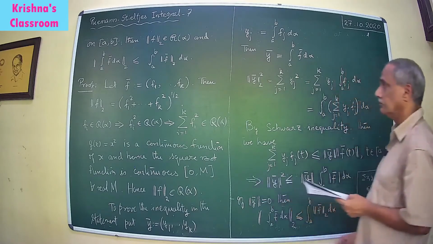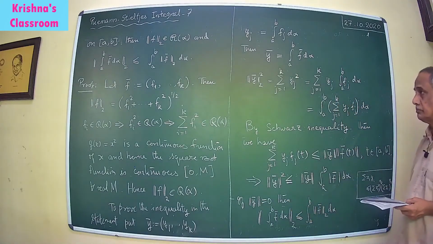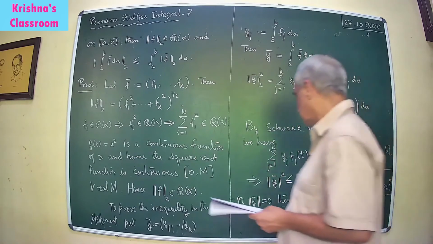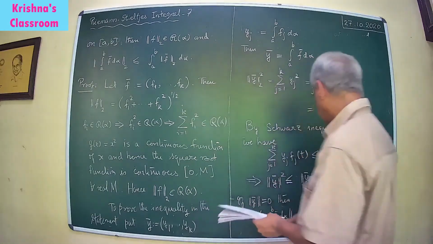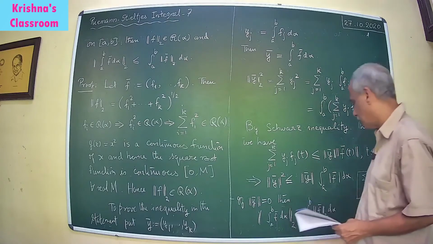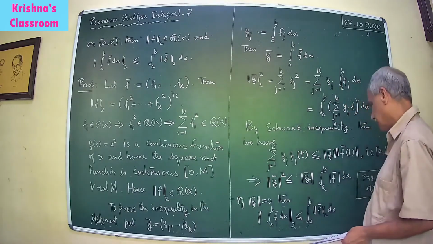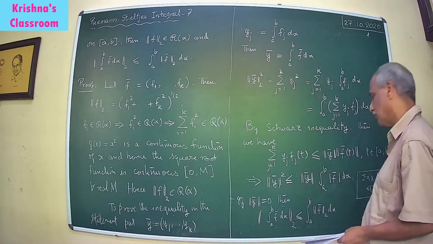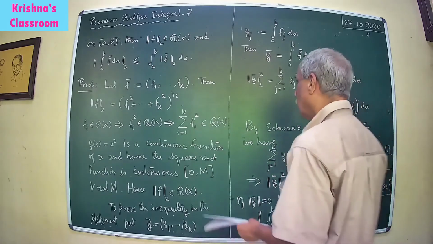This is clear, because what happens is that this is 0 and it's also 0, so you have equality there.